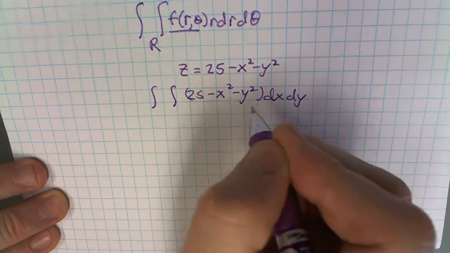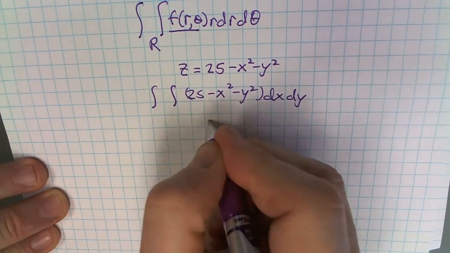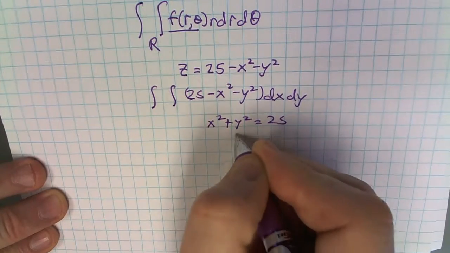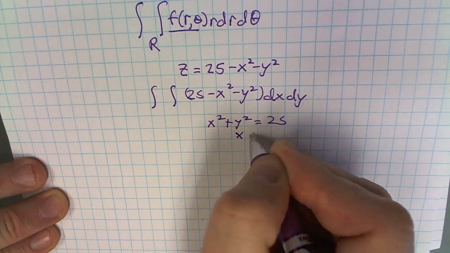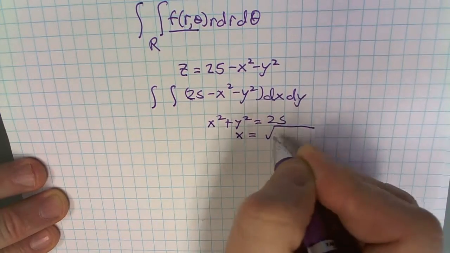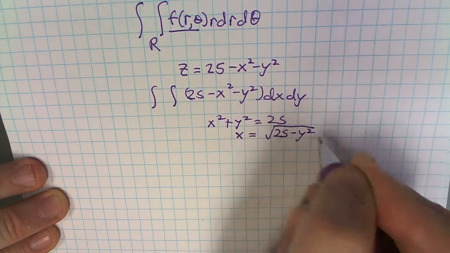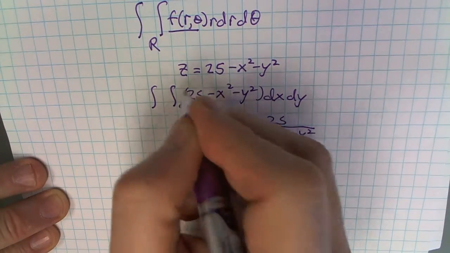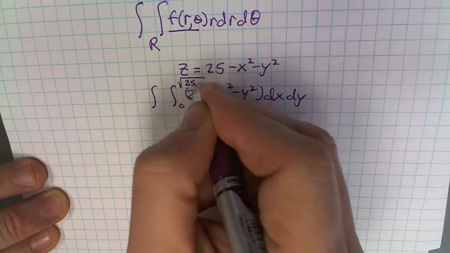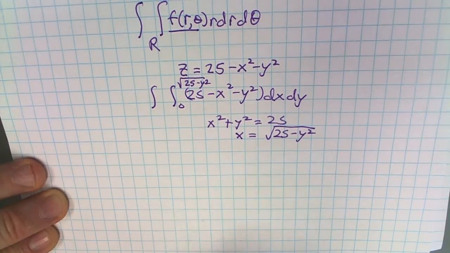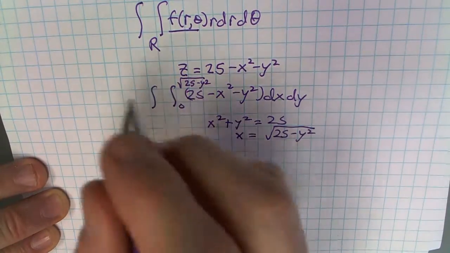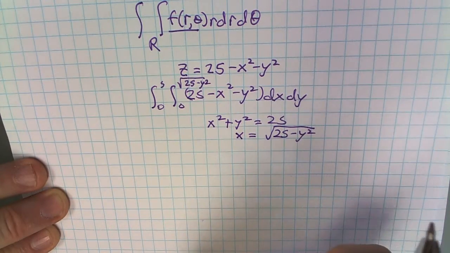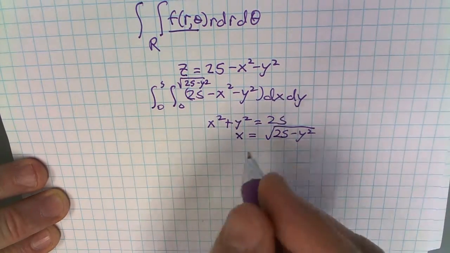And then I've got to set up my boundaries. If z is 0, what we have is x squared plus y squared equals 25, and that means x goes from 0 to the square root of 25 minus y squared. And then y would go from 0 to 5. And that's what we would integrate.